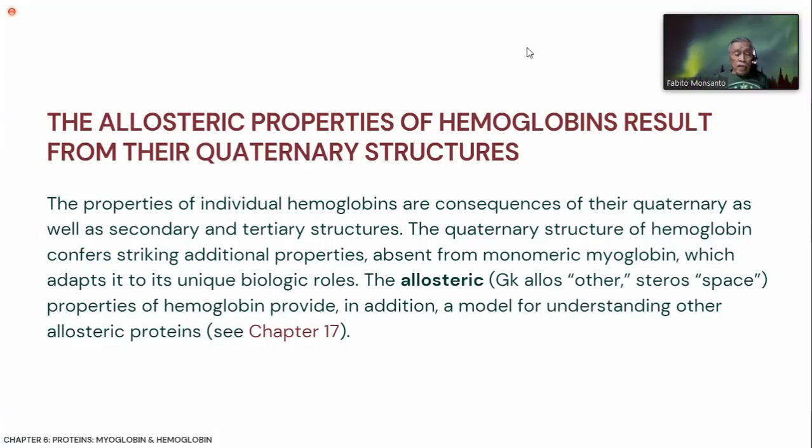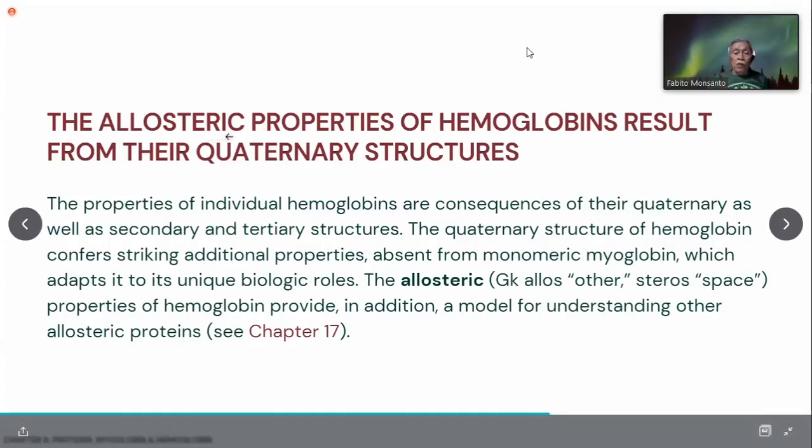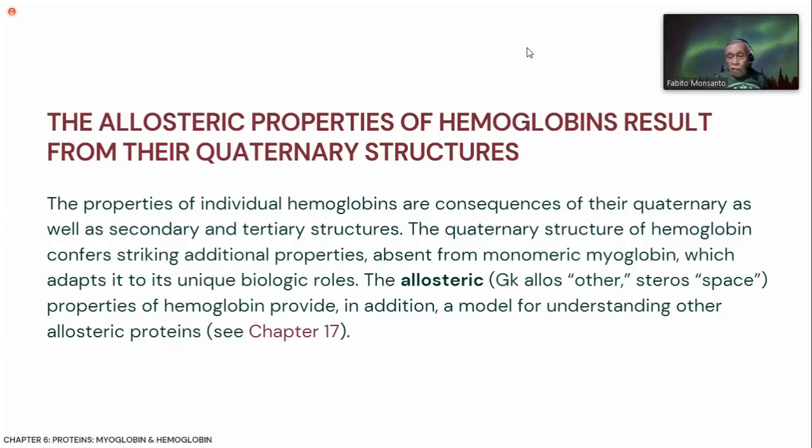So it is a three-dimensional form of the polypeptide. That's tertiary. And quaternary structure is when there is more than one subunit of the protein. In this case, hemoglobin has 4 subunits, and we call them 2 alpha and 2 beta subunits.